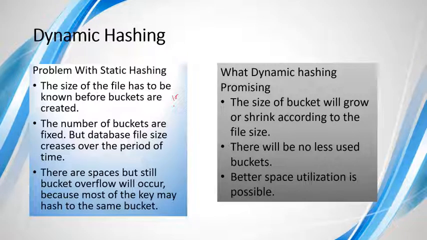So what we actually do in dynamic hashing is create another entry called the bucket address table. The bucket address table holds the addresses of the buckets. Now how can we index this bucket address table?